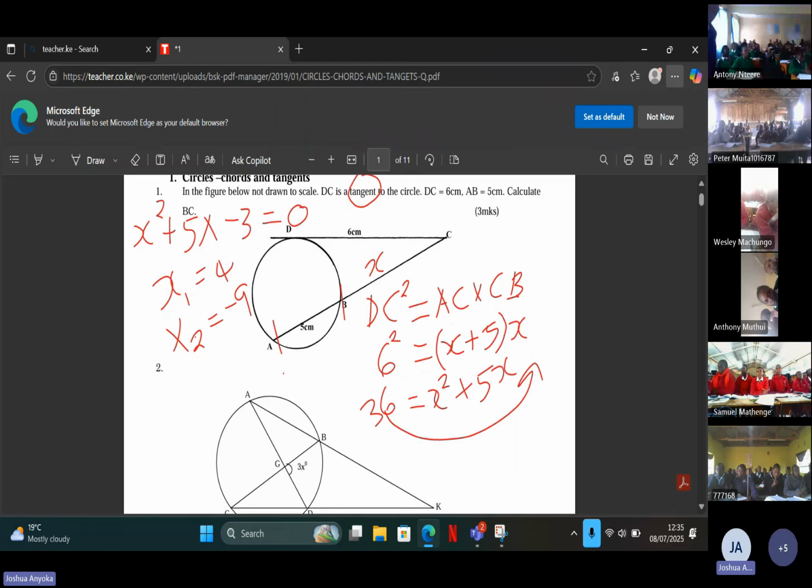Is there anybody who has a different answer from X equals 4 and X equals negative 9? Let us go with that. So we must go ahead and make a conclusion that is called discrimination. Discriminate what is not right and what is not working from what will work. This is a length. Length cannot be negative.